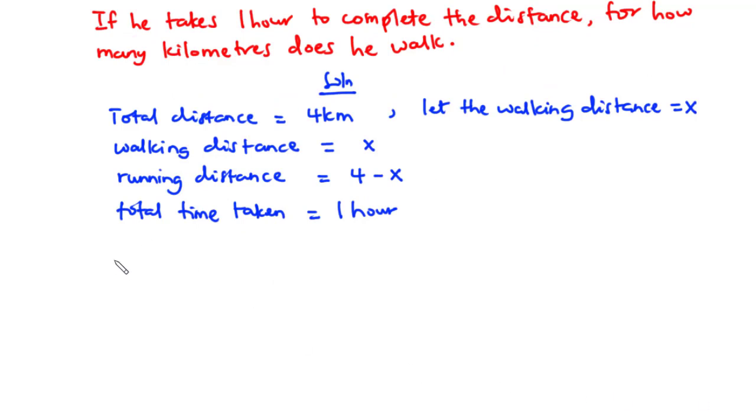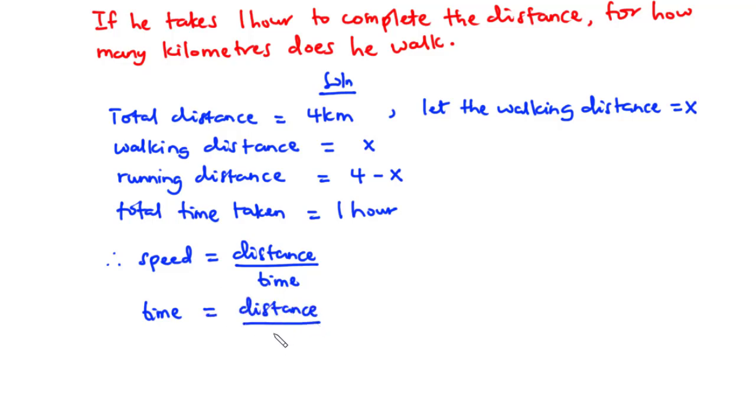Now we know that speed is equal to distance over time. Okay, speed is the distance covered over the total time taken. And also from the same relation, we can also say that time is equal to the distance covered over the speed.